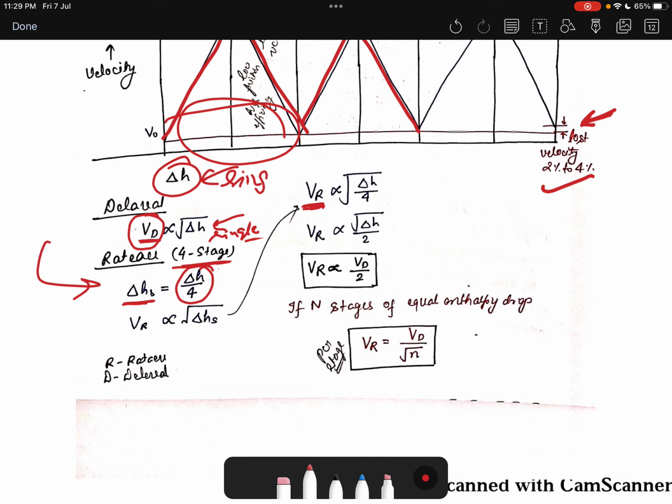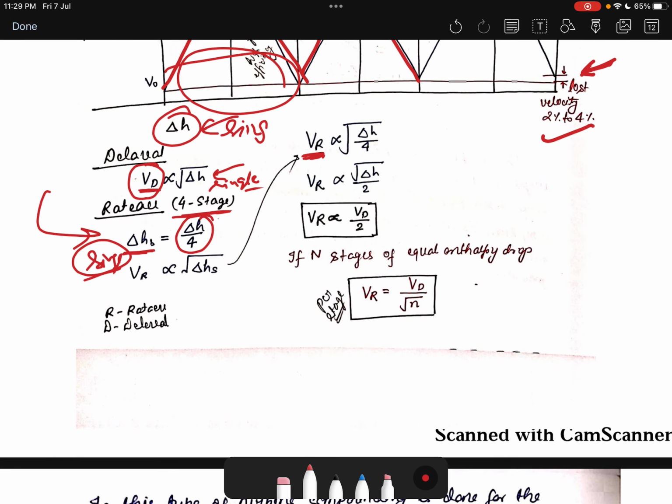Delta H is actually the overall pressure drop, and delta Hs is the pressure drop in a single stage. Okay, so here it is written that delta Hs is equal to delta H by 4. So it is clear that delta H is the enthalpy drop through the whole stages, and enthalpy drop through a single stage will be 1/4 of the whole stages.